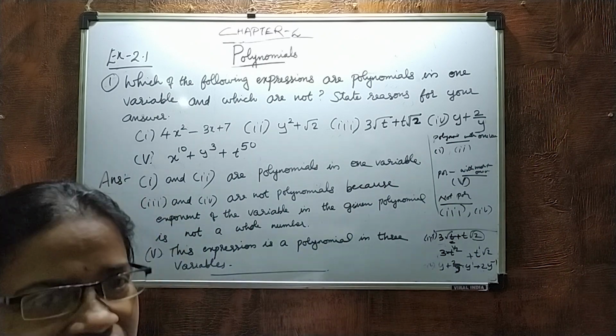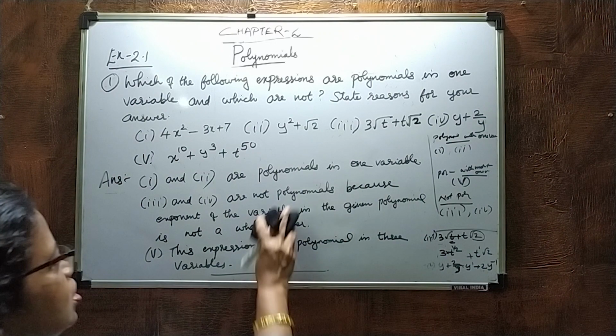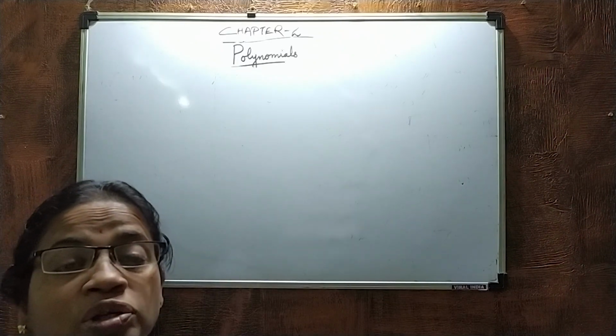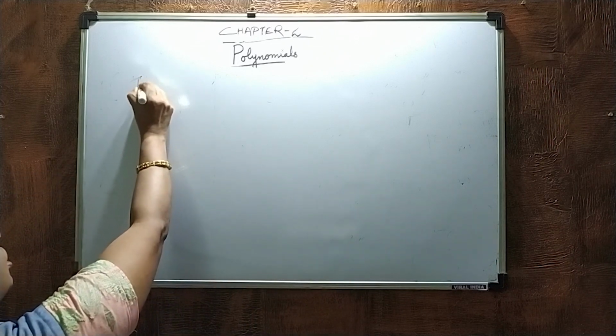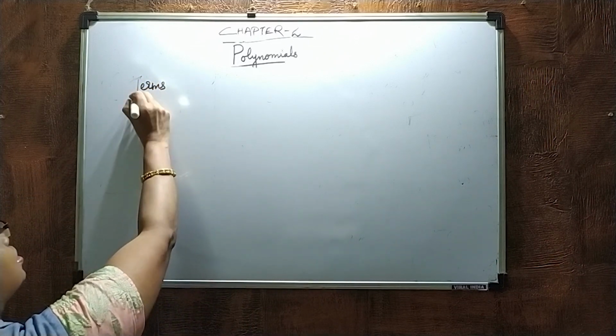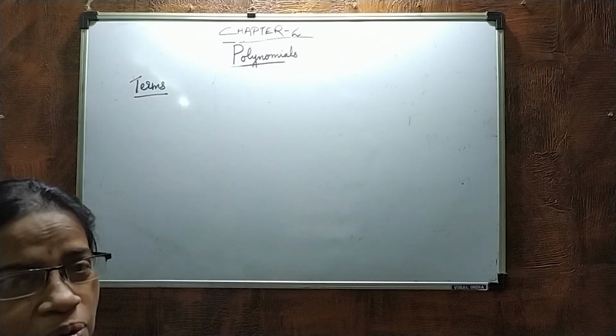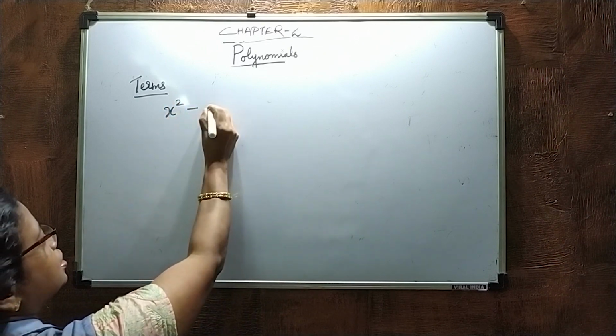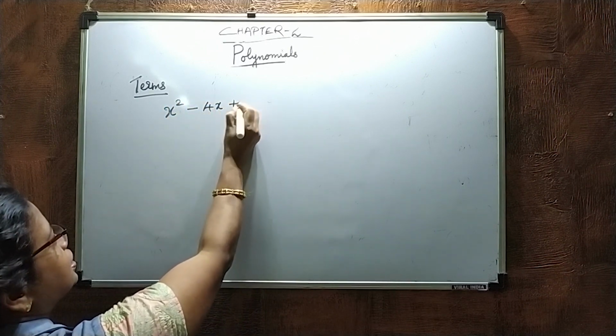The next topic is the coefficients of a polynomial. Before the coefficients of a polynomial, you have to learn about terms. Just see, if you write any polynomial, for example x square minus 4x plus 3.